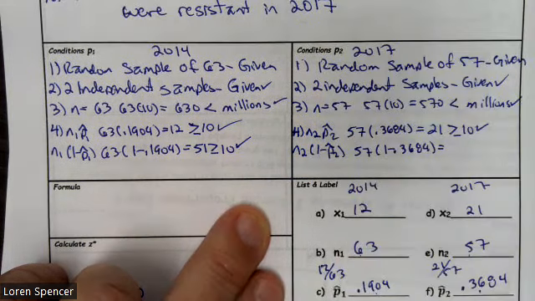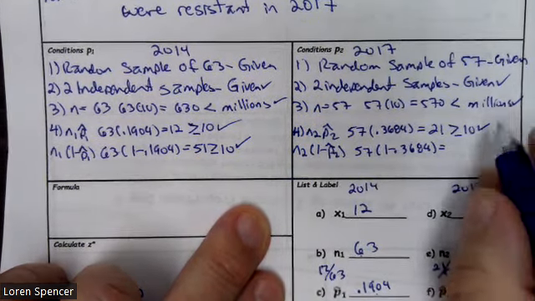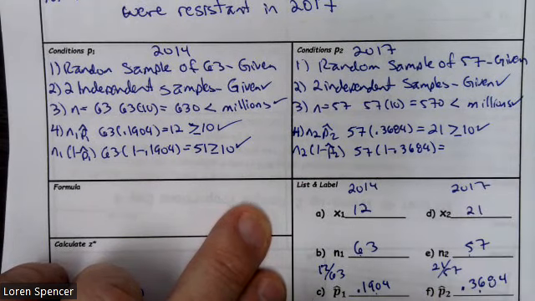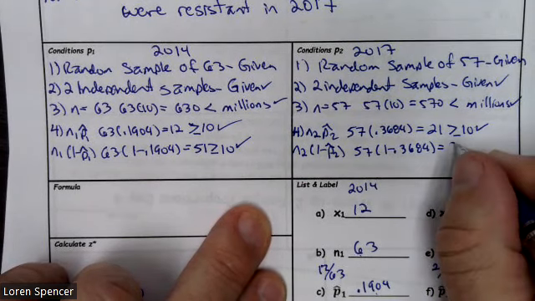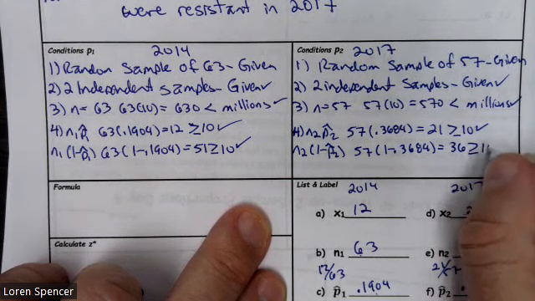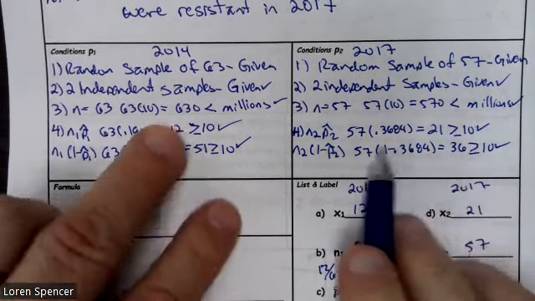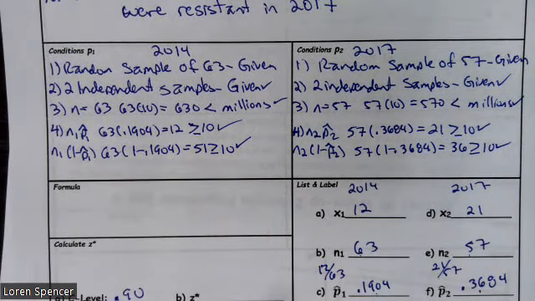Then we get 36. And that's also greater than or equal to 10. All right, so the samples are large enough to use normality, and we've met all of our conditions.